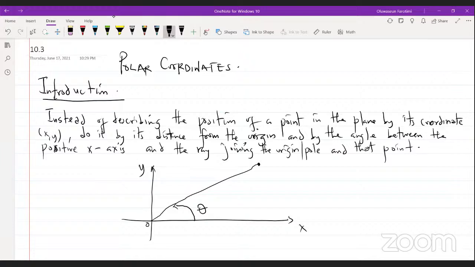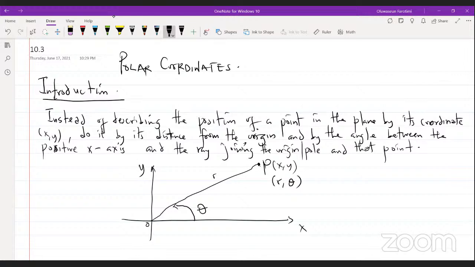This point in space is what we refer to as P of x comma y. But in terms of r and theta, this is going to be r comma theta, where theta is the angle, and r is the distance from the origin to the point we're talking about.